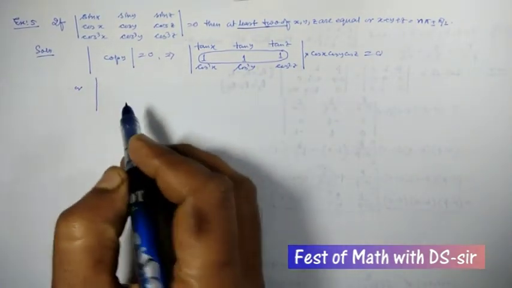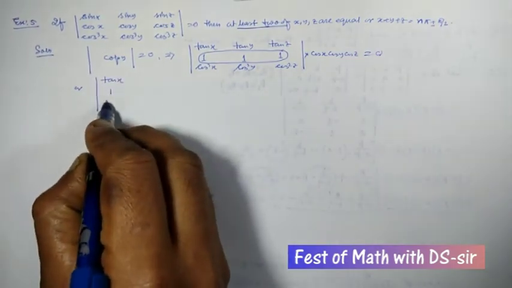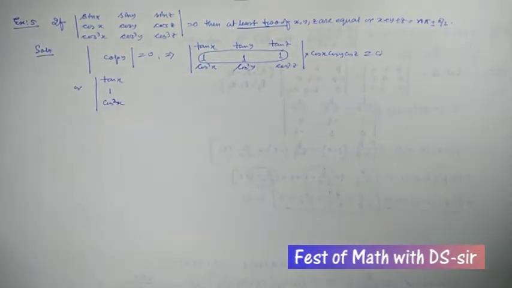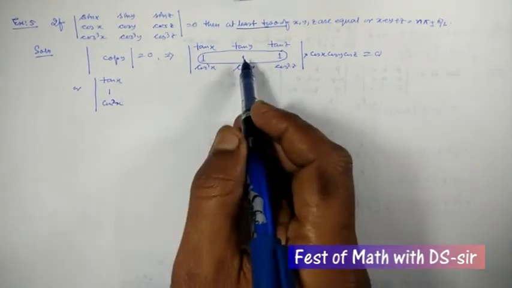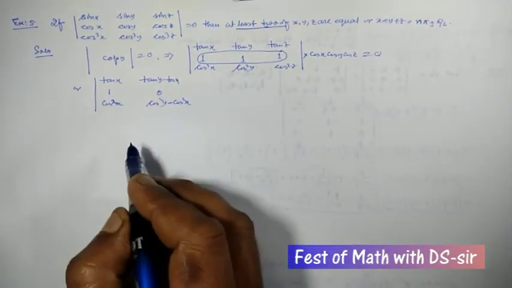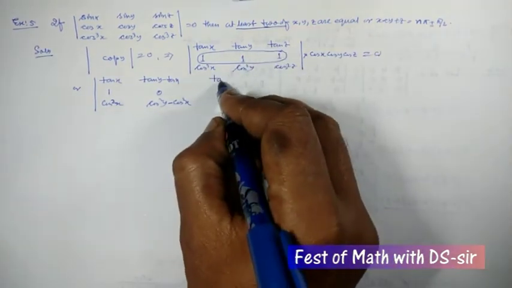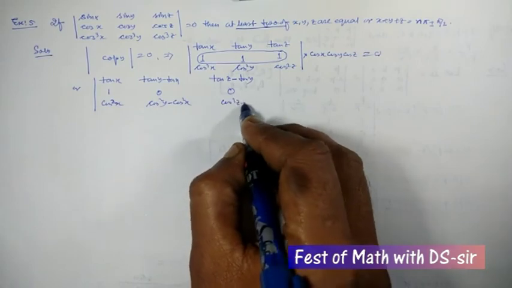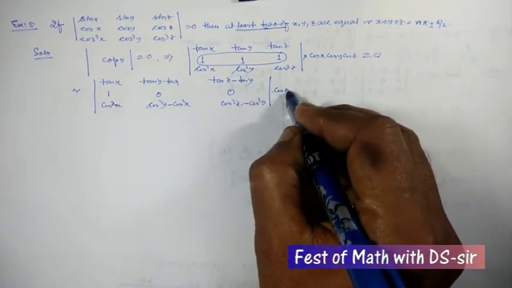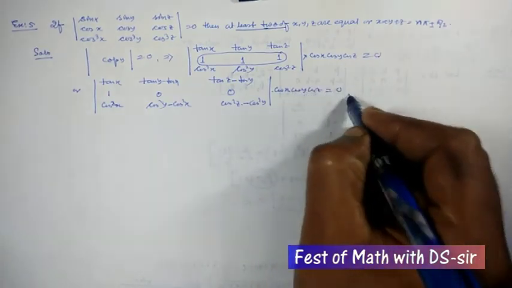Or tan x, 1, cos square x remains unaltered. I will subtract first column from the second, second column from third column, into cos x, cos y, cos z equal to 0.